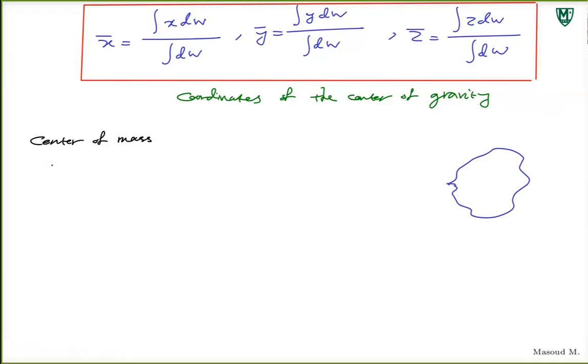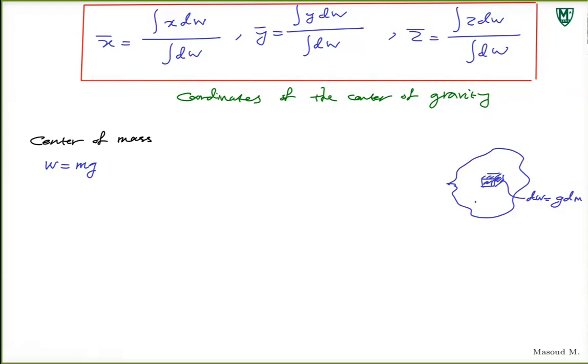What is W? Weight is mg, right? If I take one small element here, this is going to be dw. You can differentiate both sides. This becomes g dm. G doesn't change, it's fixed.